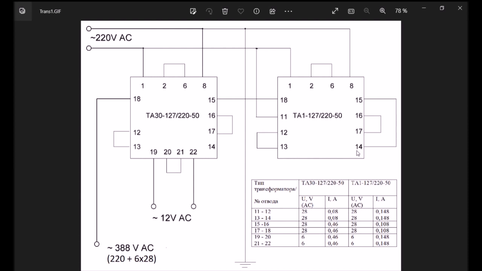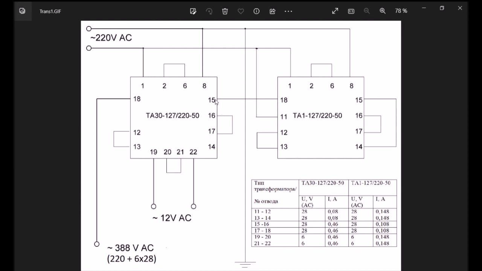In the second we also have 28. Then on the third and fourth secondary windings we also have 28 volts. So on this transformer we have 4 times 28 volts.